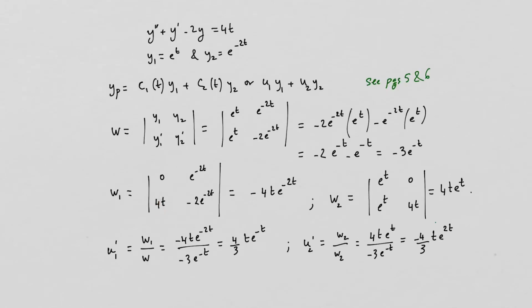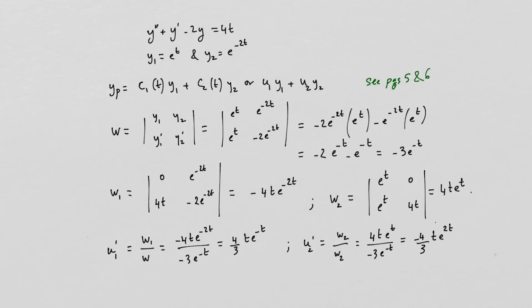Here is y2. Differentiate y2, you get y2 prime. The Wronskian is just y1, e to the t, y2, e to the negative 2t, and then their derivatives. Derivative of this is this, and derivative of this is this.